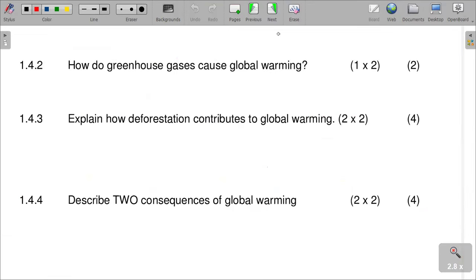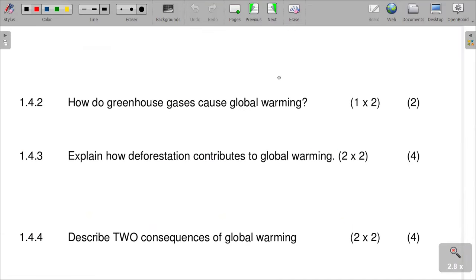How do greenhouse gases cause global warming? These gases allow sunlight to pass into the atmosphere, but block earth's radiation. Global warming is caused because of greenhouse gases.